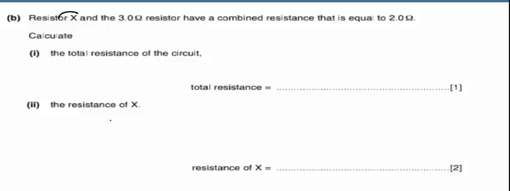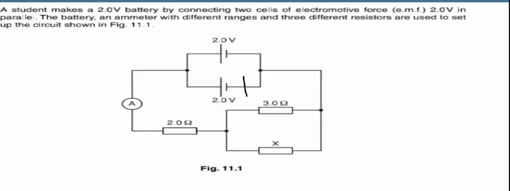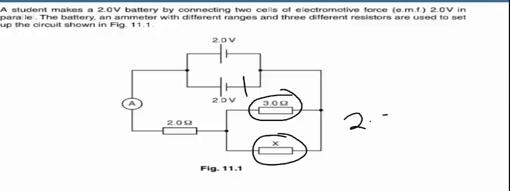So when we combine X and 3.0 ohms, we are going to get this one here. Now let's just see where X and 3.0 ohms are coming from. So we have 3.0 ohms and also X.